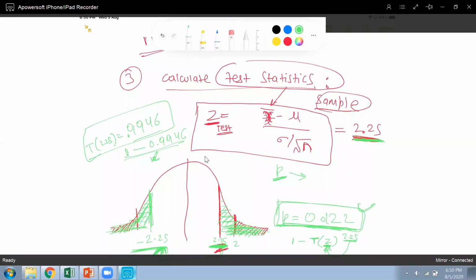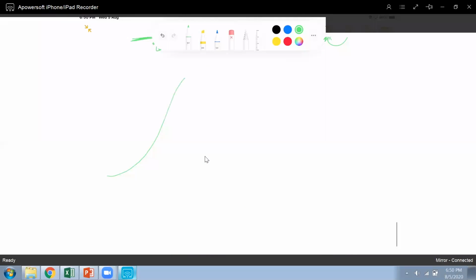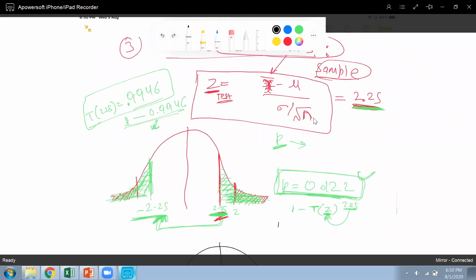Is this correct? Sir, what is the difference in finding for negative z value and positive z value? Both are symmetric, so we can subtract from one. Yeah, you are right. But why am I taking the negative z value? You can find that by subtracting from one also, that is not a problem.